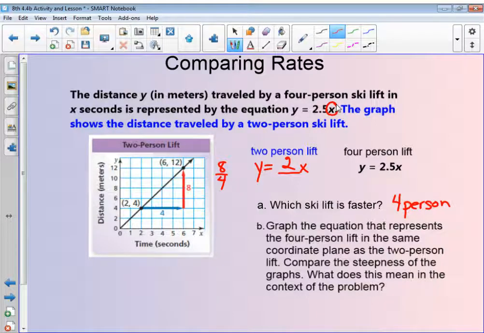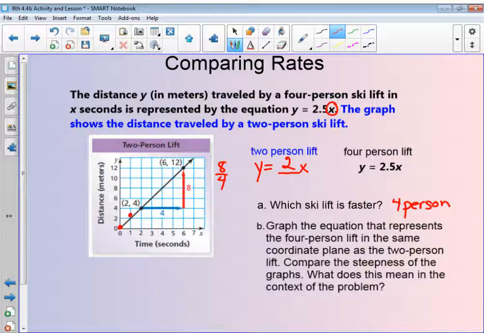So I'm going to go ahead and pick, I don't know, like 4 different x's. So we'll do 0. Okay, so if I do 0, 2.5 times 0 is going to give me 0. Okay, if I do 1, 2.5 times 1 is going to give me 2.5. So over to 1, up to 2.5.